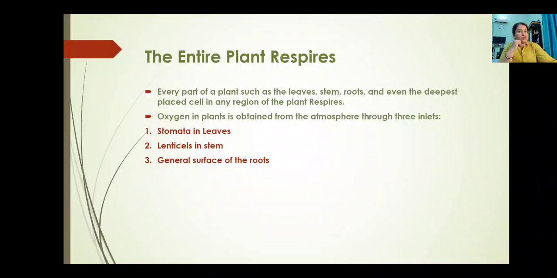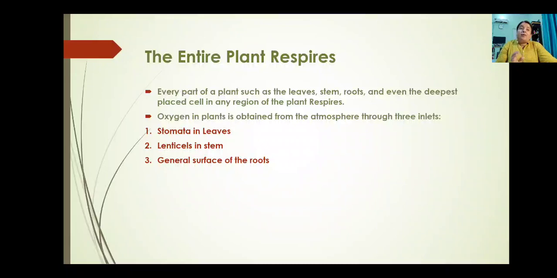So the entire plant respires. Oxygen in plants is obtained from the atmosphere through three inlets. There are three kinds of openings, three kinds of surfaces from where oxygen is obtained from the atmosphere. The plant also utilizes oxygen. Since it is unnoticeable, why? Because during the daytime the process of photosynthesis takes place.